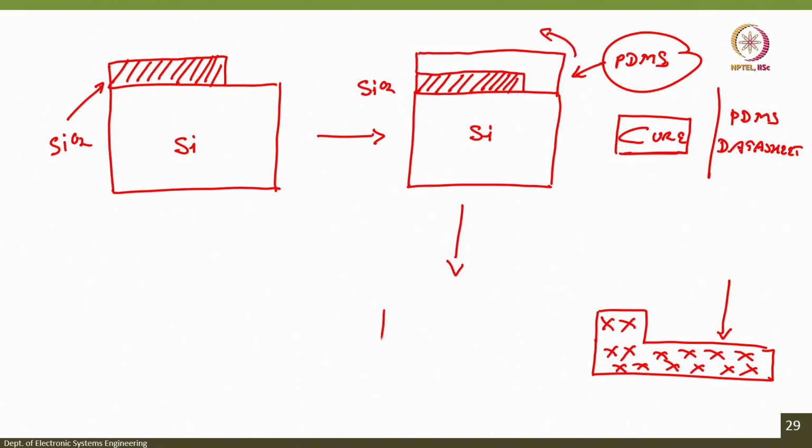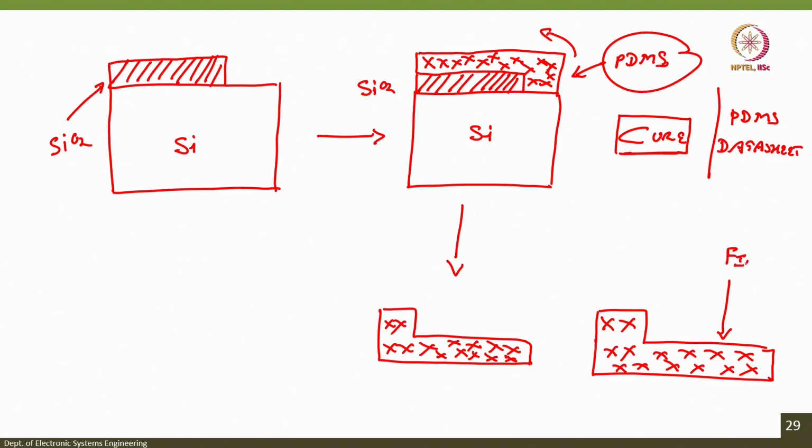Then what will you have? You will have PDMS like what we want in this final pattern, right.